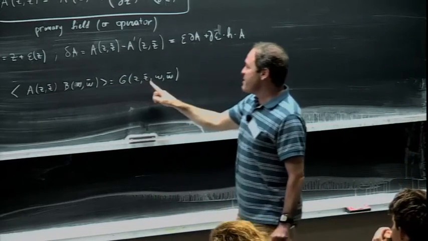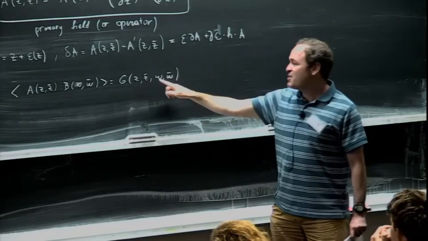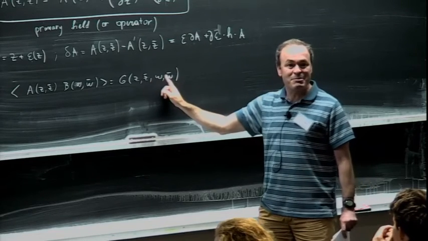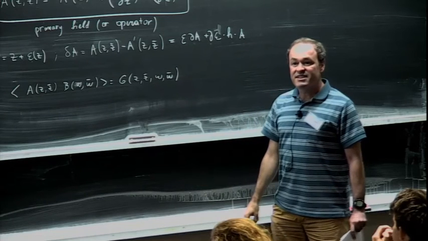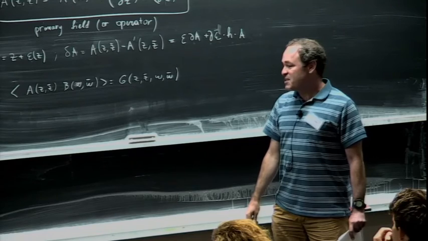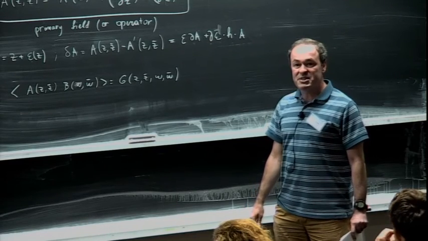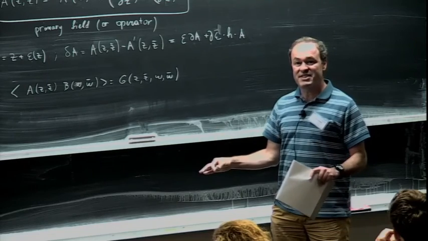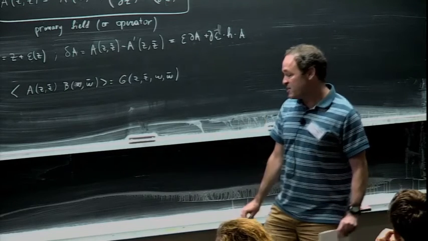And so I will be able to kind of forget for a while how it depends on z bar, w bar, because we'll be getting conditions having to do with z and w at first. And that's one of the advantages, or one of the common things which happen in conformal field theory. We can worry about the holomorphic sector separately from the anti-holomorphic sector, and then think about them together later on.